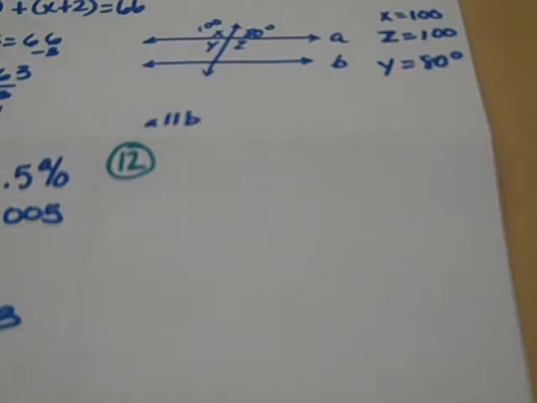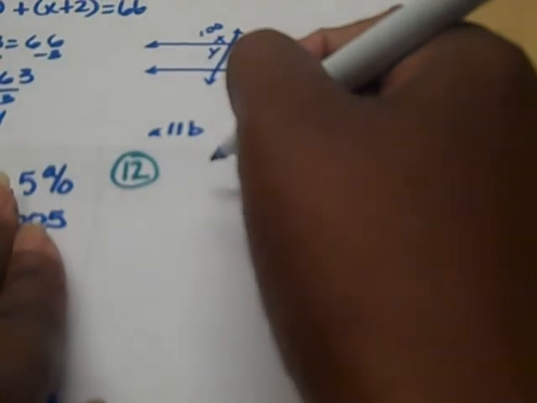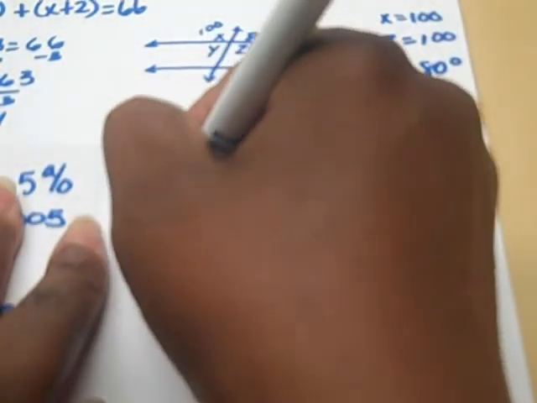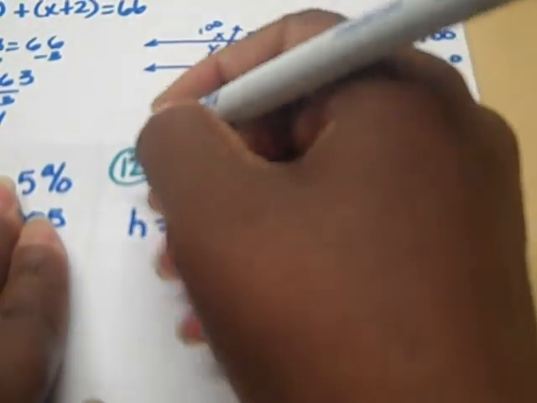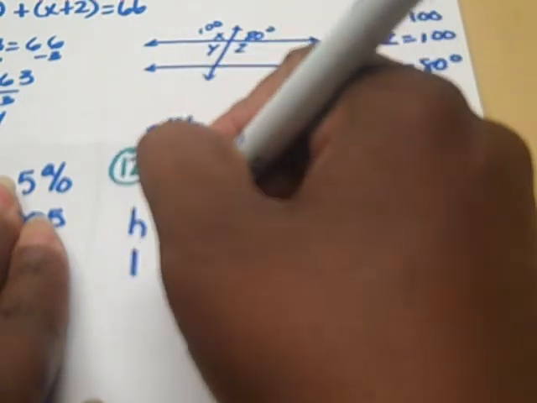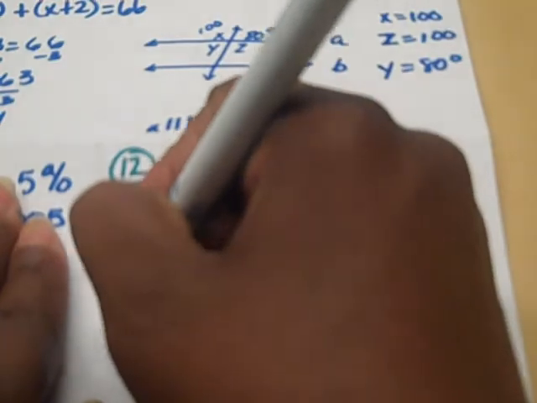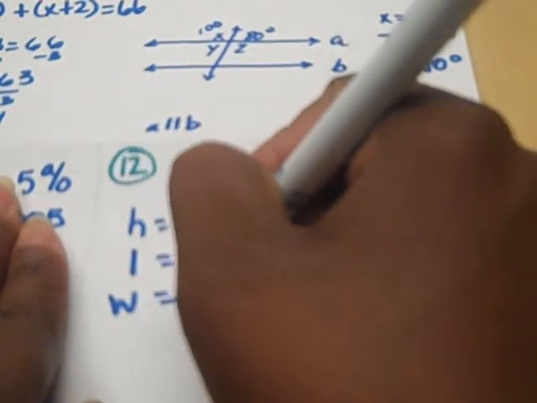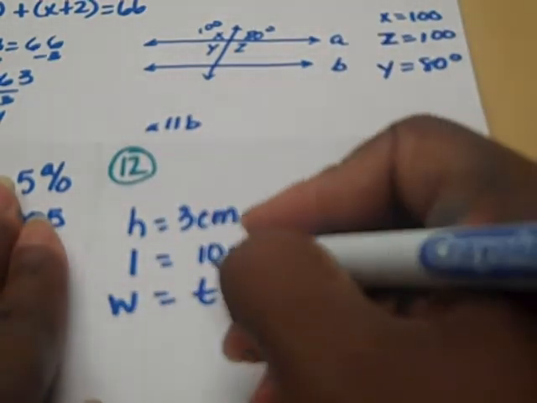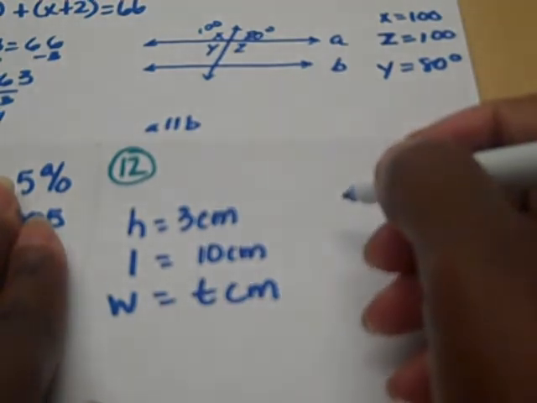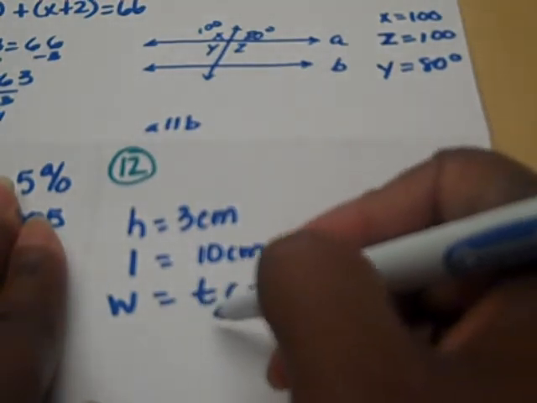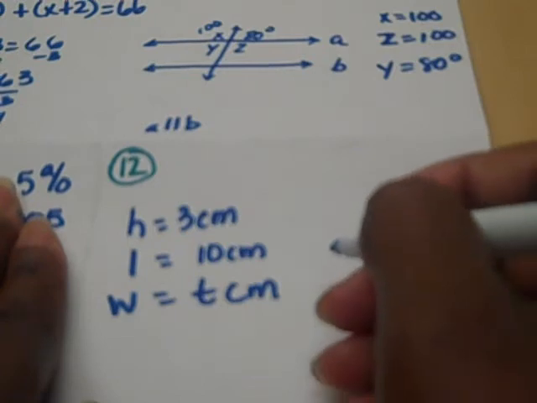The volume of the prism is 180 centimeters cubed. What is the measure of the edge? So, looking at your picture, you have a height of 3 centimeters, a length of 10 centimeters, and a width of t centimeters. And we're asked to measure the edge, and the edge is the t, so we're solving for t.